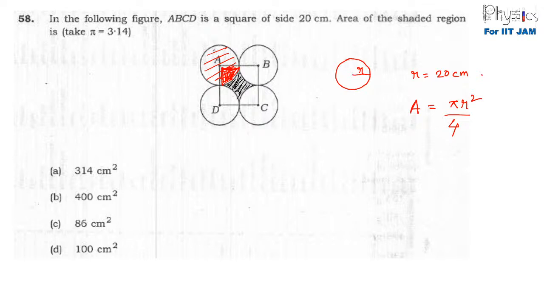Because this is 1/4 of this whole circle. Now it is repeated 4 times because there are 4 circles.